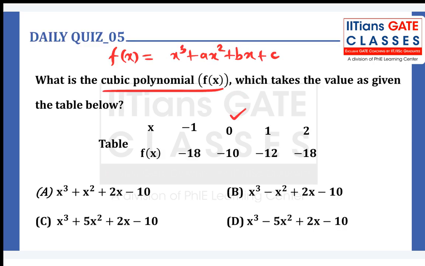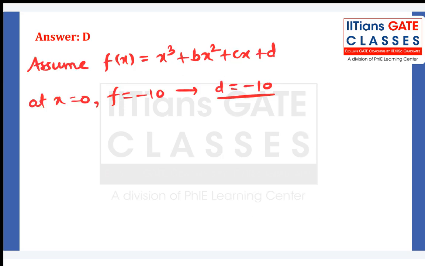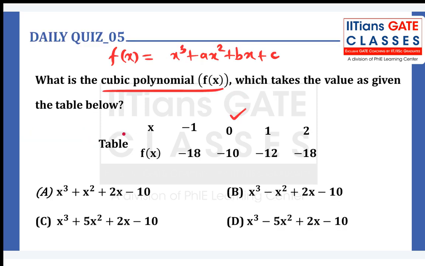But that does not help you to narrow down the options, because all the options have minus 10 as the constant term. So there are only 2 unknowns remaining, because d we already figured out. So at x equal to 1, just check that. What is your function value given in the table? It is minus 12.